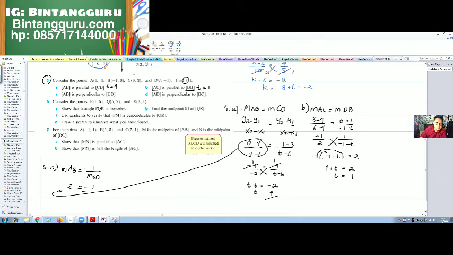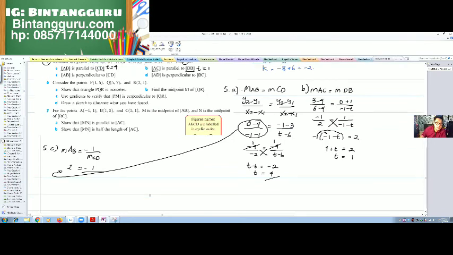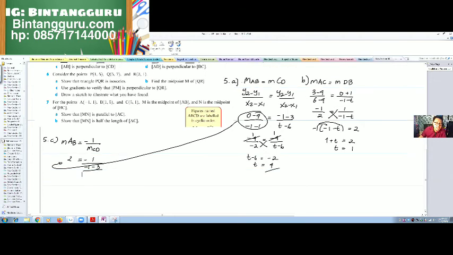Okay, CD will be x1, y1, x2, y2. So negative 1 over, sorry, this is negative 1 minus 3 over x2 minus x1, so t minus 6. Okay, and then you could do cross multiplying. So this is 2 multiplied by negative 1 minus 3 over t minus 6, and then we close the bracket equal to negative 1.